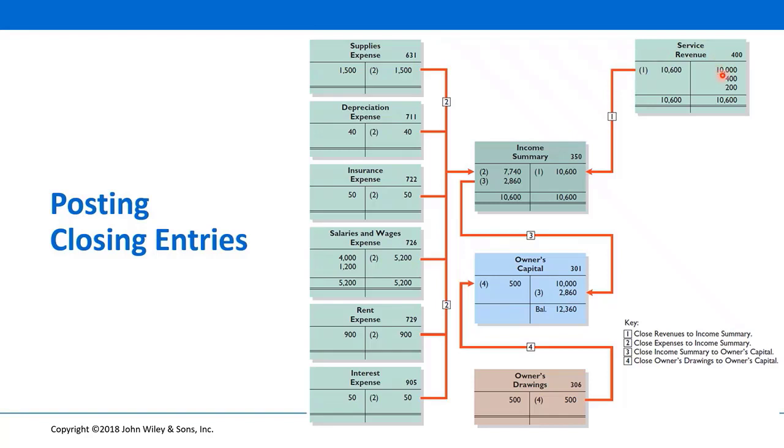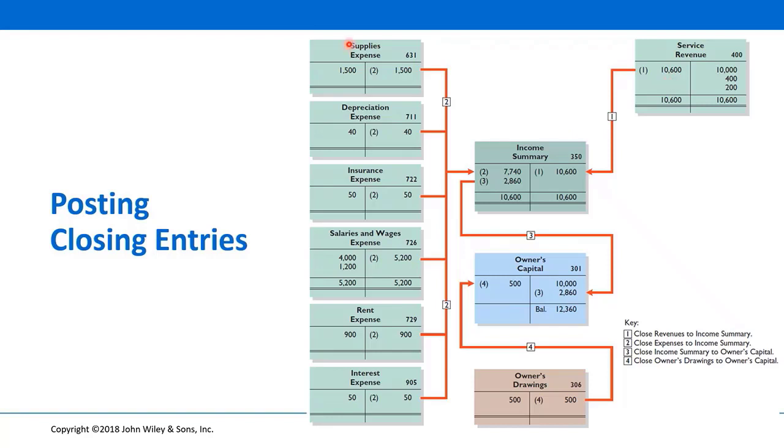We have earned revenue of 10,000, 400, 200 in a particular accounting period. So total revenue was 10,600, and in the closing entry we have debited it by 10,600, so that our balance at the end becomes 0. The debit side and credit side are equal, there is no balance here. Why? Because of the closing entry.